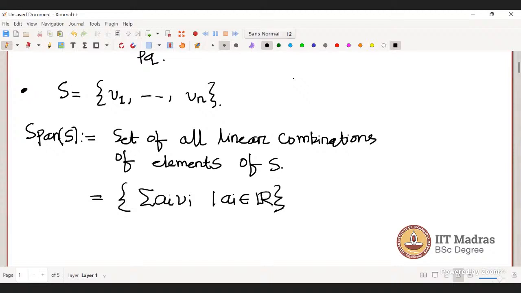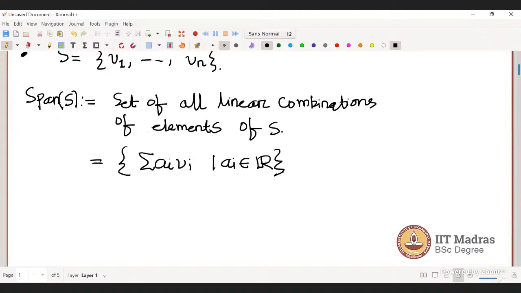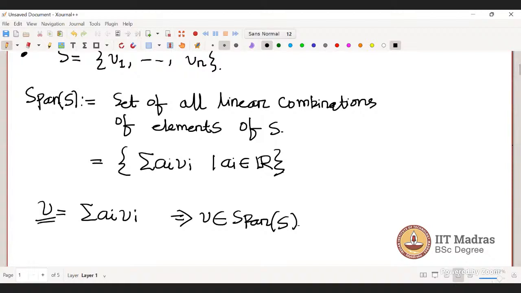So basically if I can write some V as a linear combination of the elements Vi, that means V is in span of S. So I have to consider all the elements B such that I can write this B as a linear combination of these elements Vi.